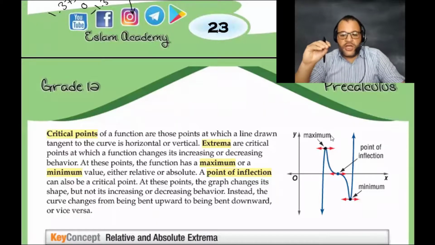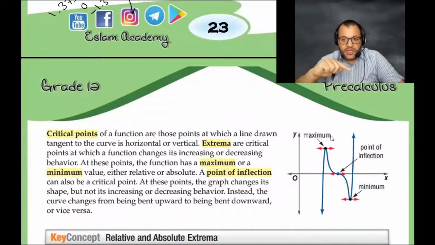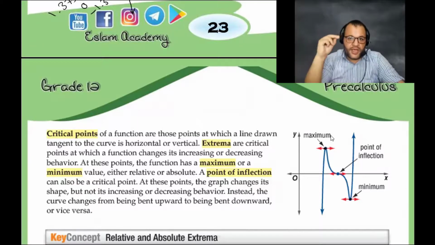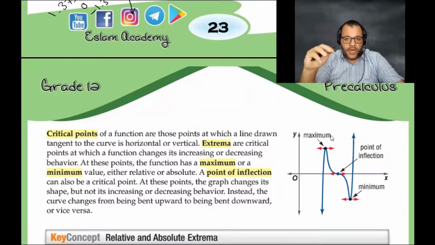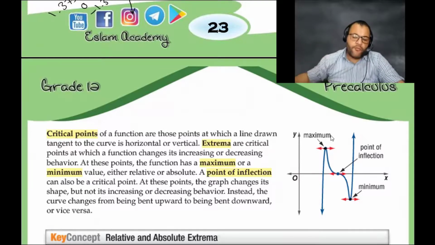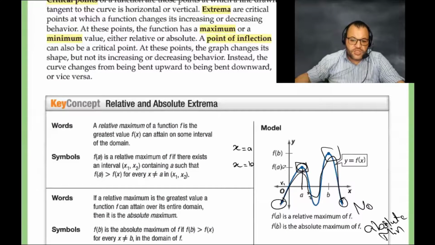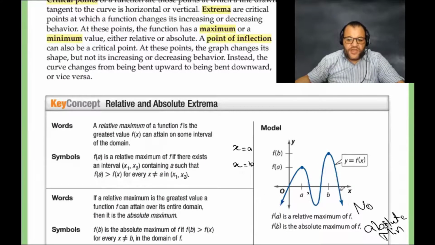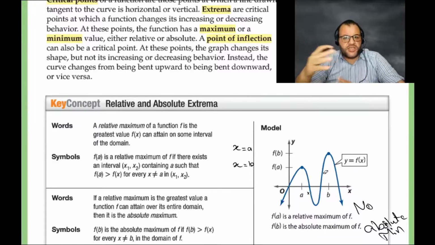Okay. So at the turning point, we can count the maximum or the minimum. According to the position, we have two types of maximum and two types of minimum. For the first type, the maximum, we have the absolute maximum and the relative maximum. What is the difference between them?